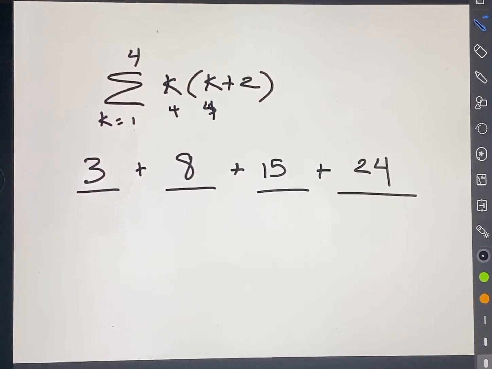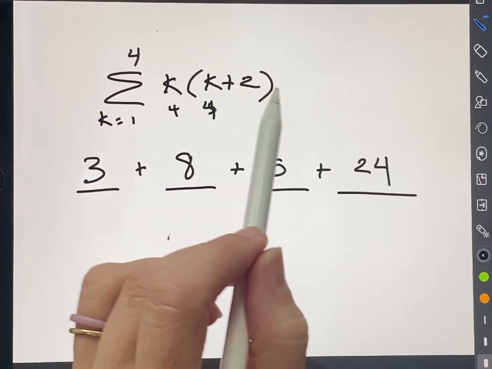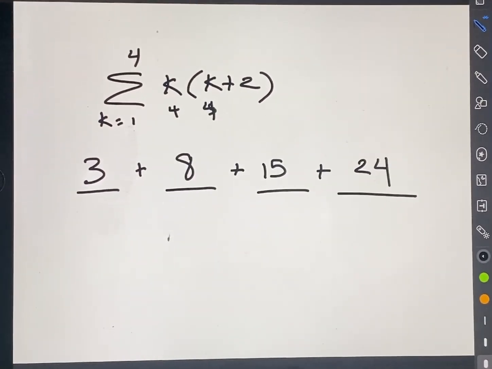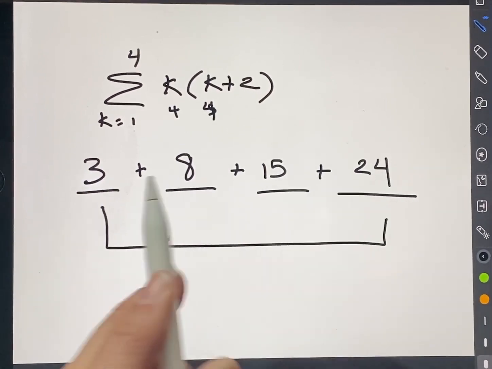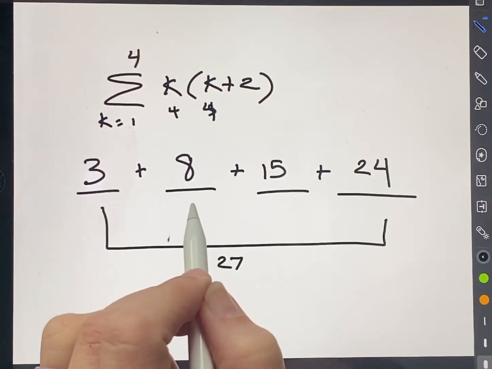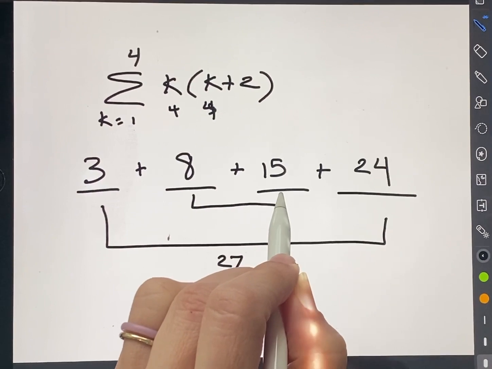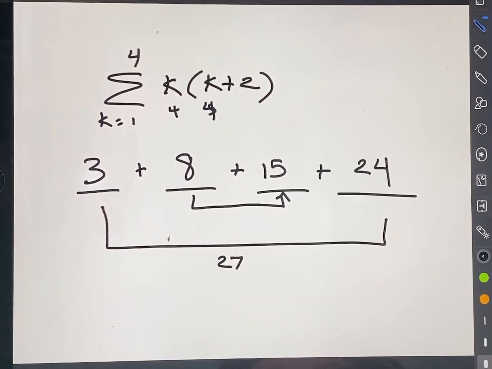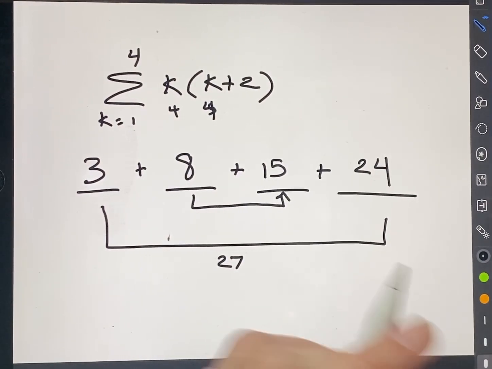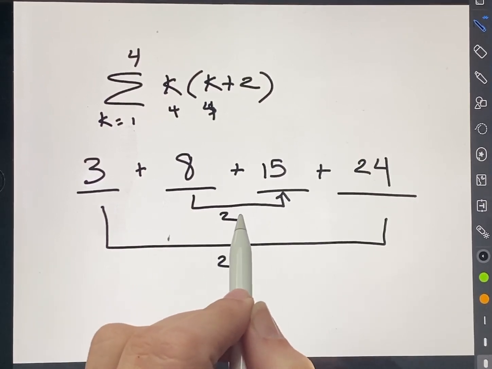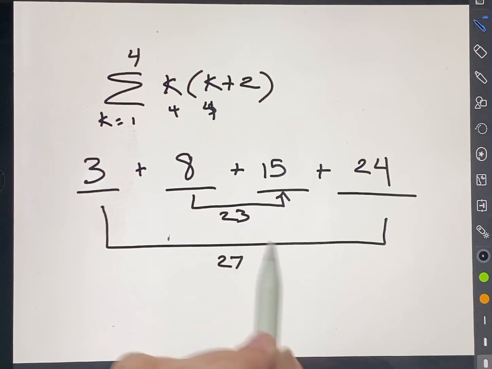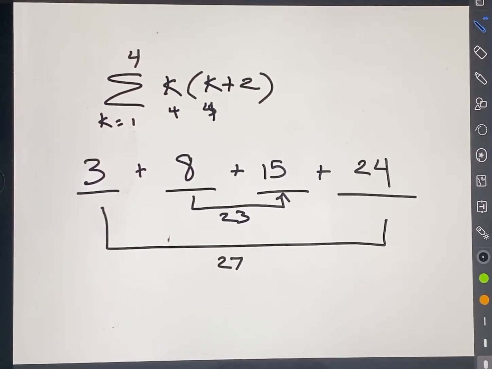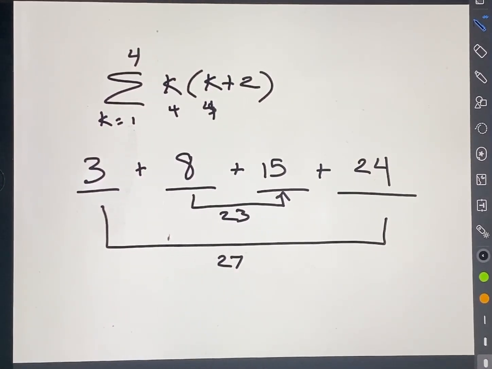Now, when we have bigger jumps, when we have something that is multiplied and added, does our pairing still work? Well, let's see. 3 plus 24 is 27, and 8 plus 15 is 20. Oh, sorry, guys. I'm tired. 23. There. Okay.